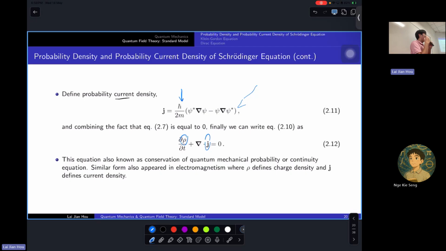Every current density, find a wave function.